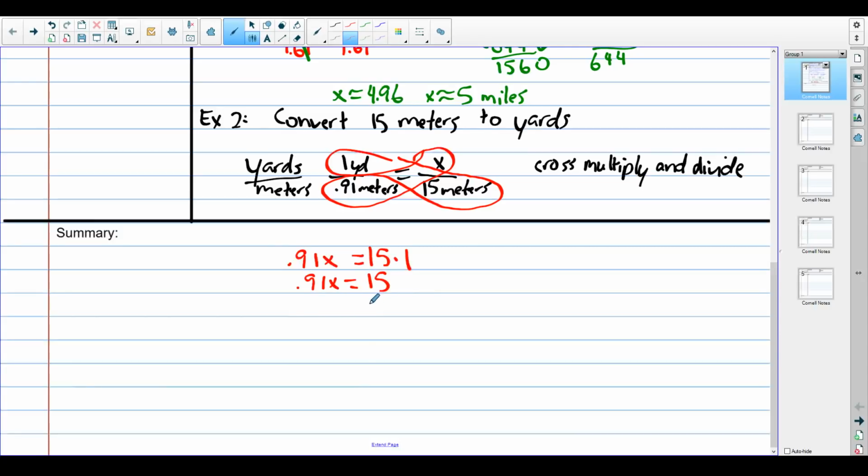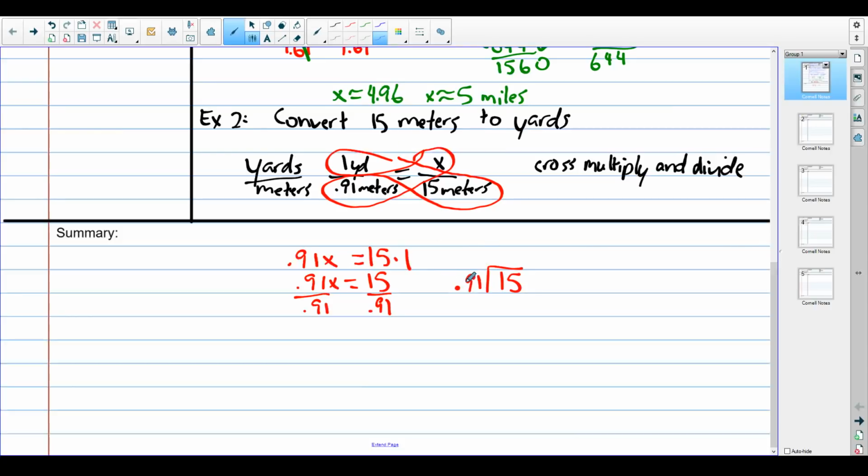That's the easy part here. So all that's left, the hard part of our problem here, is dividing both sides by 0.91. And this is where you're going to spend a majority of your day tomorrow. It's just dividing decimals. So 15 goes on the inside, 0.91 on the outside.